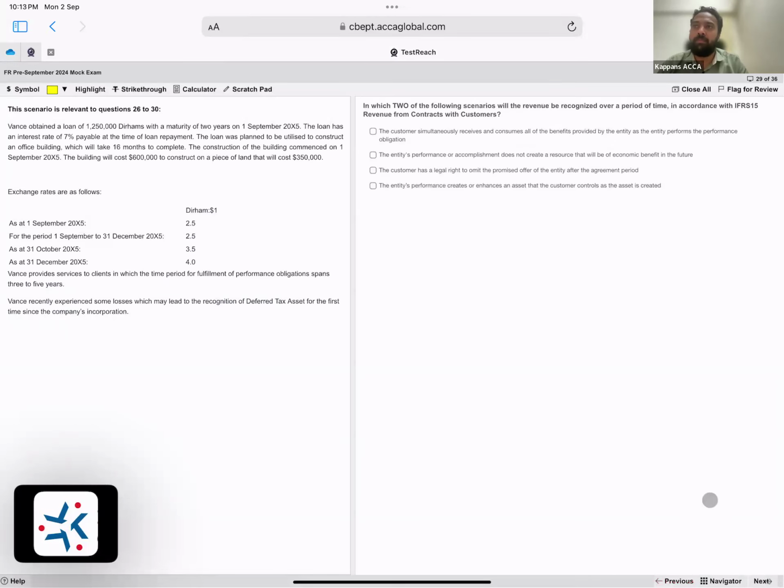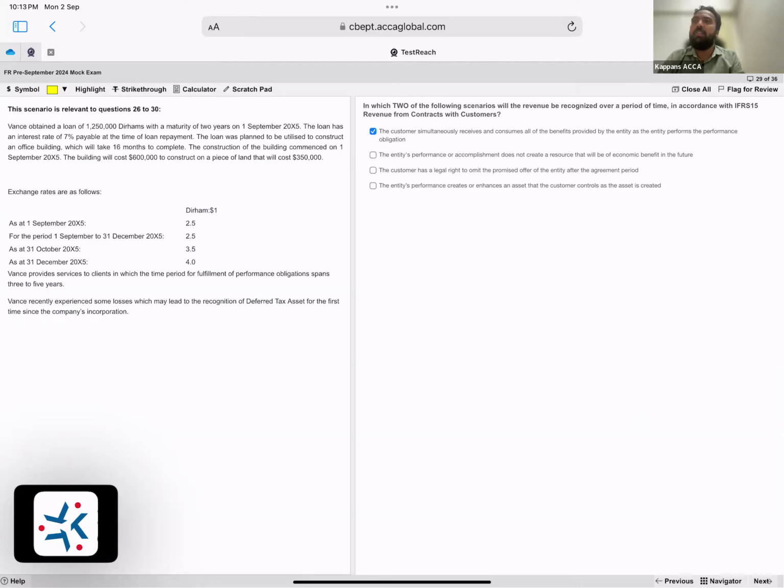29th question. In which two of the following scenarios will revenue be recognized over a period of time in accordance with IFRS 15? A, the customer simultaneously receives and consumes all of the benefit provided by the entity as the entity performs the performance obligation. Yes, that is true. That is how we have to record over a period of time.